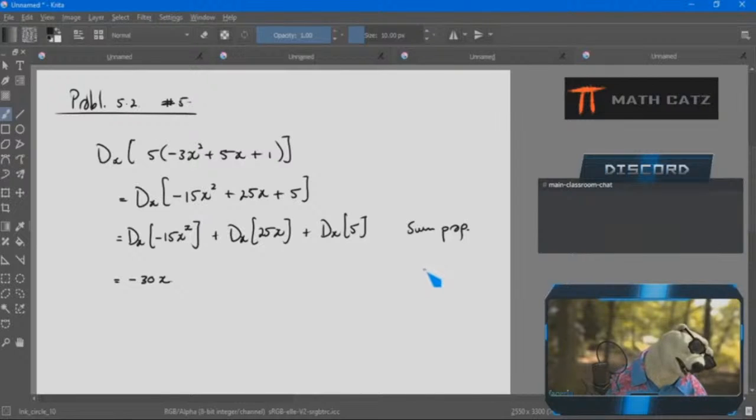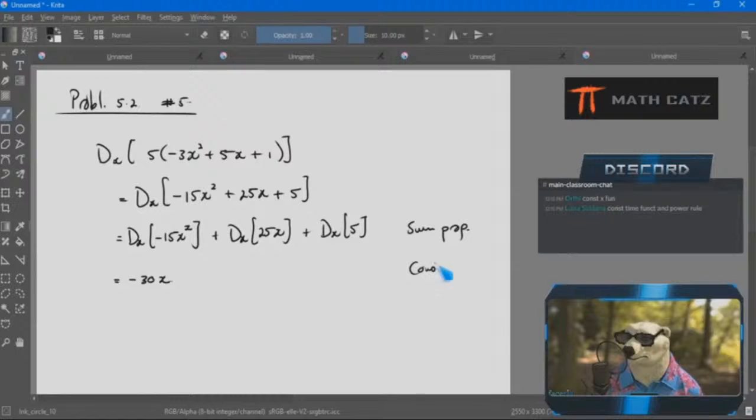What property or properties did I use? I used multiple properties in doing that. Constant times a function. But we also used the power rule right afterwards, because perhaps we were comfortable to do that, and we did it.